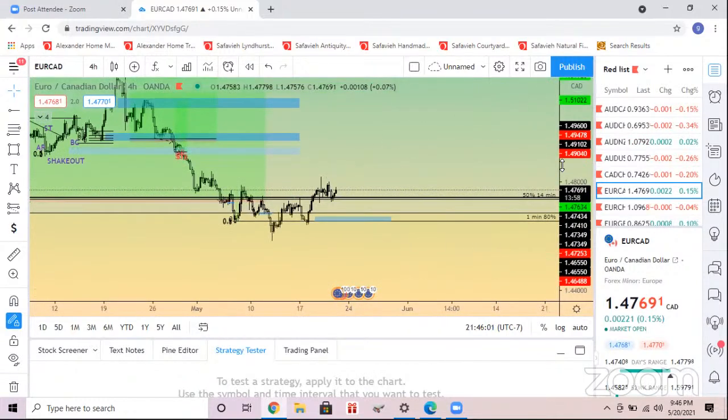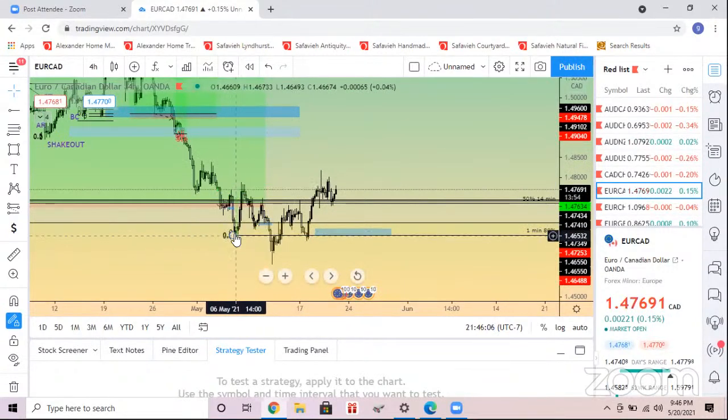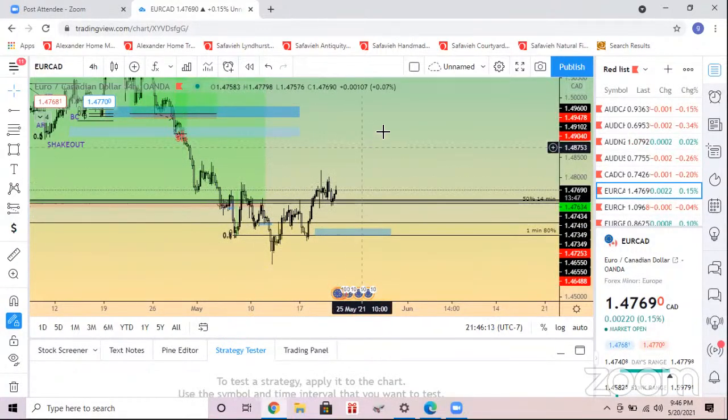So it looks like we're getting a type 5 schematic here. Buying climax, automatic rally, second test, STB, and then taking off.